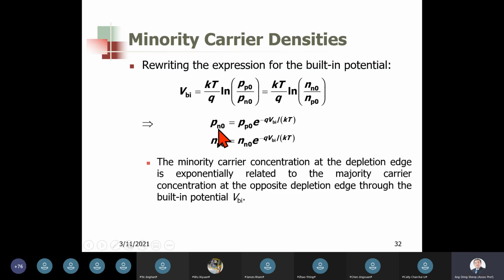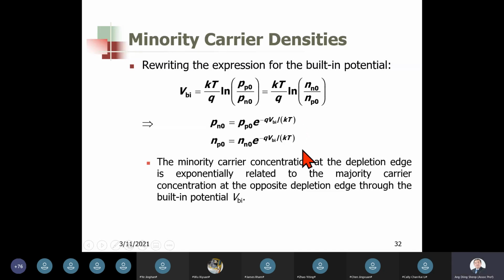So Pn0, in other words, the hole concentration in the N region at thermal equilibrium, can be related to the hole concentration in the P region at thermal equilibrium by an additional factor term here, which is e to the minus q VBI over kT. Similarly for the electron concentration, Np0 can be expressed as Nn0 times e to the minus q VBI over kT.